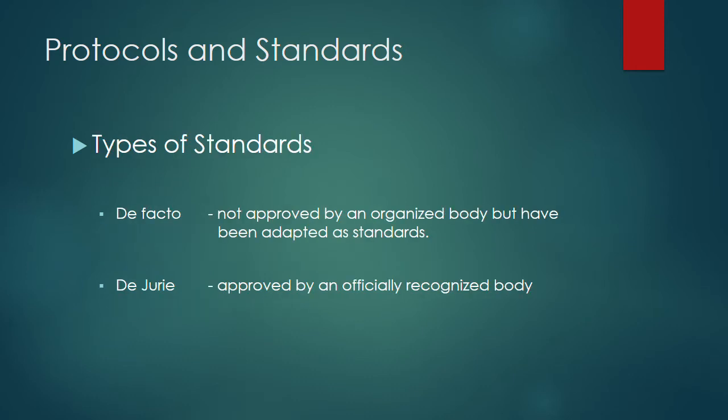And next, there are types of standards. One is de facto standard and the other one is de jure. De facto standards have not been approved by an organized body but have been adopted through widespread use.